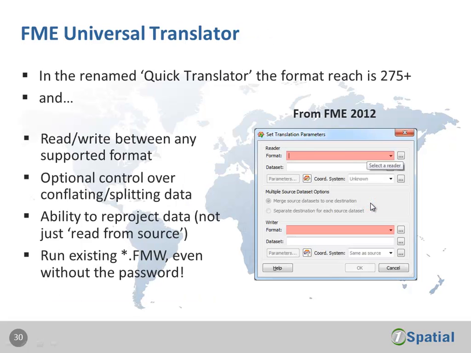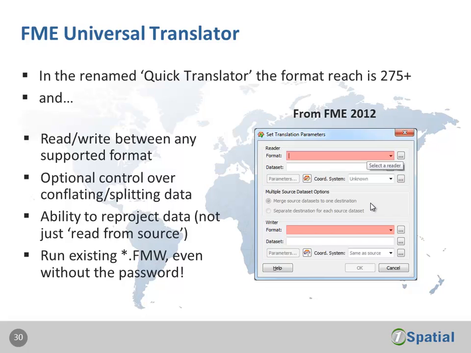When it comes to FME's Universal Translator, or as I mentioned more recently referred to as the Quick Translator, the format reach is over 275 formats. You have control over splitting the data or conflating it if required. You can also reproject the data from its source coordinate system.